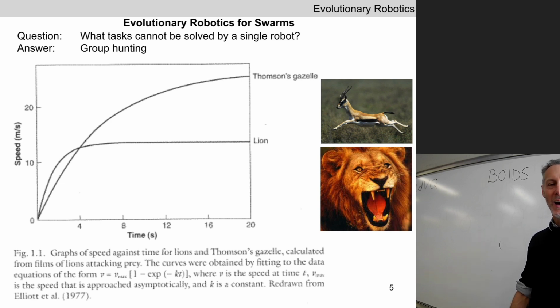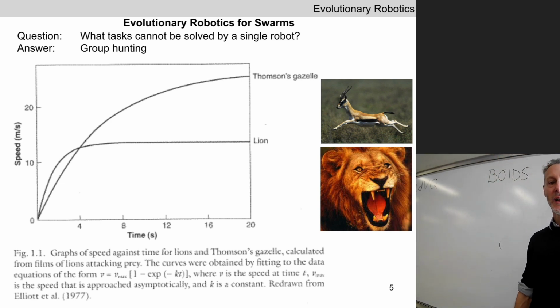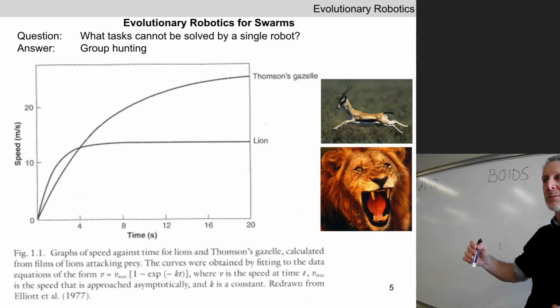Okay, why hunting? Because there are some fantastic examples in nature of group hunting, coordinated action, in which a single hunter is unlikely to be successful. You may have heard this before. We just talked about lions. So predators have very steep acceleration curves. If you have a cat at home, you know that it'll start from rest and it'll be on your head before you know it.